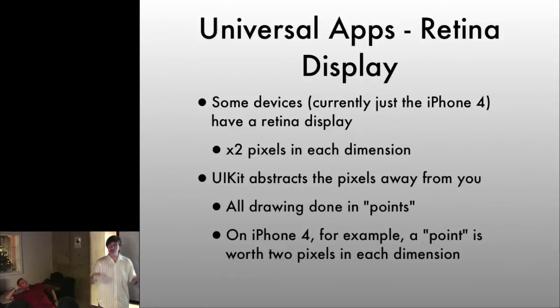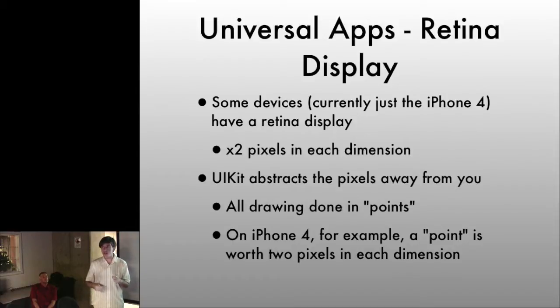So on top of having two device families, we're increasingly having, so far we just have iPhone 4, although everybody is guessing that the next iPad is going to also have a Retina display. The iPhone 4 has double the pixel density in both directions compared to the 3G and the 3GS. And what's kind of cool is that UIKit actually abstracts the pixels away from you, and you do all of your geometry in terms of points.